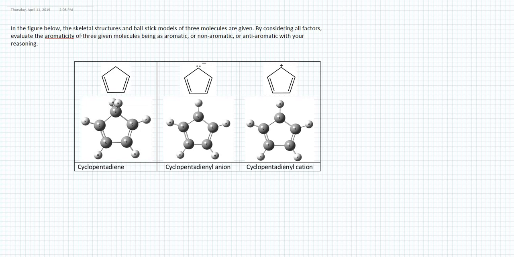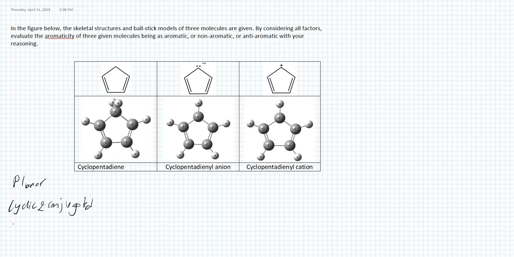These factors or these criteria for aromaticity, let's remember them. If a molecule is going to be aromatic, it should follow three criteria. The molecule has to be planar. And the molecule has to be cyclic and conjugated.